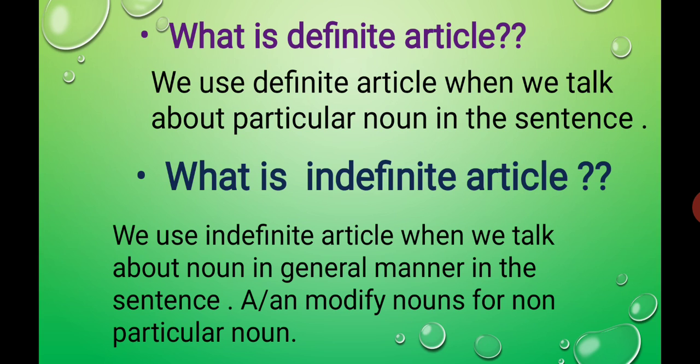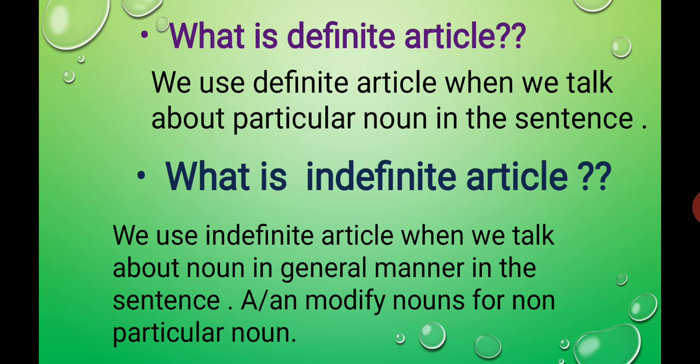There are so many boys or girls in the class, but only any one girl and any one boy has a new pencil. Then we don't know which boy or which girl has a new pencil. At that time we use an indefinite article before the boy or girl.